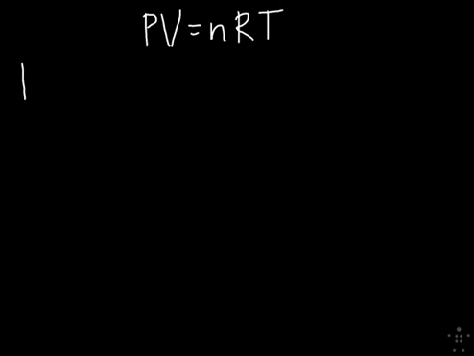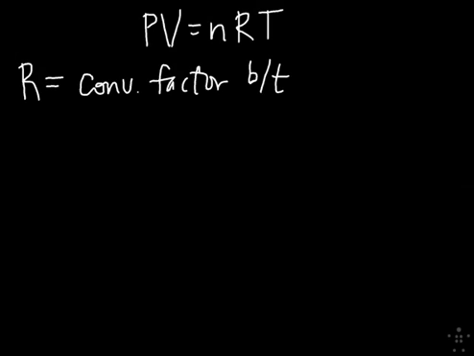And then we've discussed it before, but our gas constant is just a conversion factor between units of temperature and units of energy, because we want this whole thing to be in units of energy. So we've got temperature in, say, Kelvin or Celsius, but we want to convert it to energy.